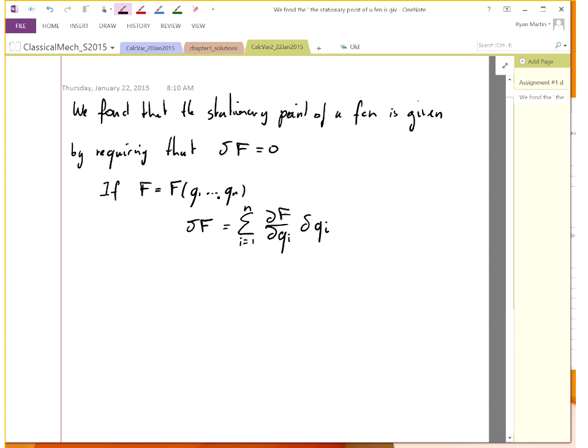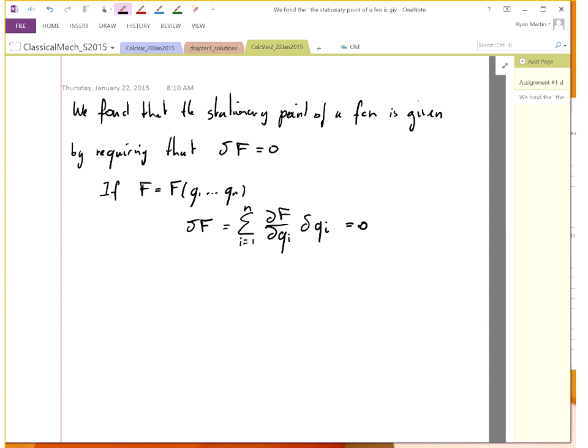All right, so f depends on multiple functions q, and so the variation of f is that sum of di f by di qi delta qi. Right, that's what we just wrote on the previous page. But that sum must be equal to 0 for a stationary point in f.